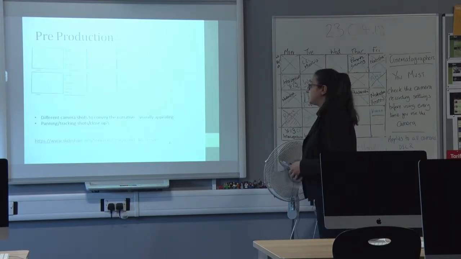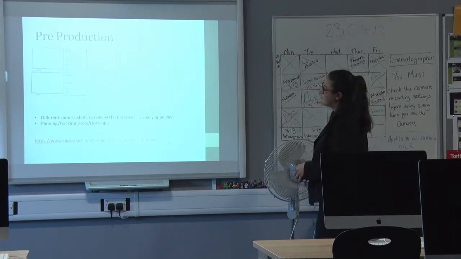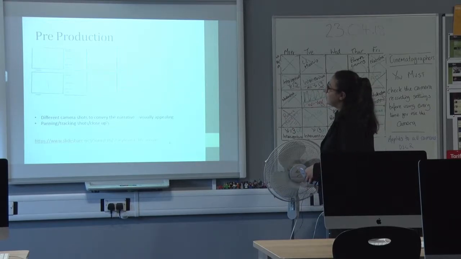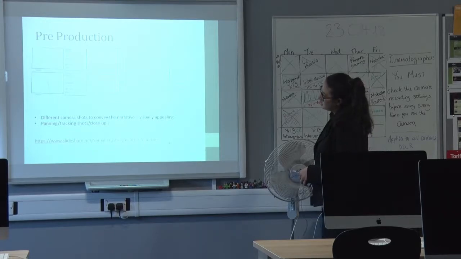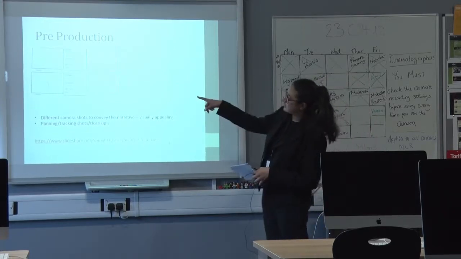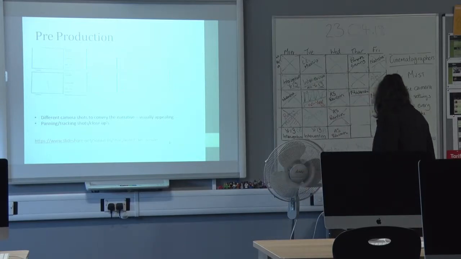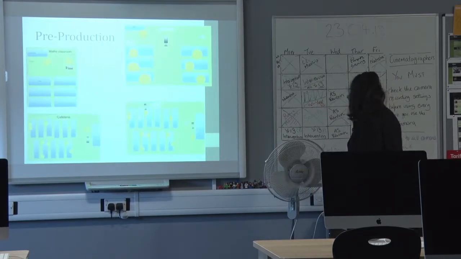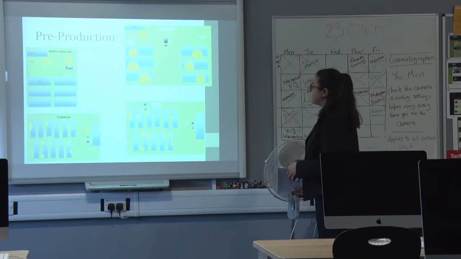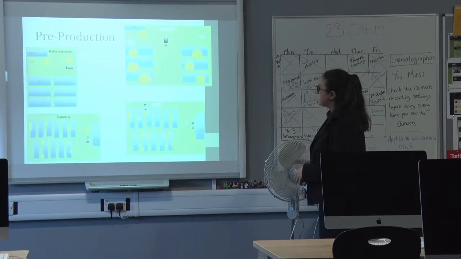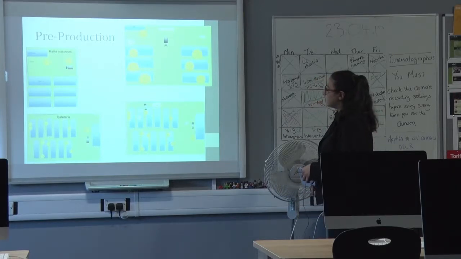So for my pre-production, here are my storyboards, which you can't really see well, but they have different camera shots to convey the narrative, such as the tracking shots, which you could see there, and close-ups and over the shoulder. For my lighting, I said that I will use both keynotes and LEDs, depending on the weather.